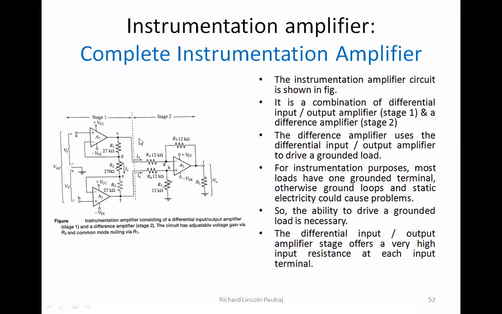You can see this dotted line which differentiates the difference and the differential amplifier. Both are connected, so the output of the first stage is going as input to the second stage. Consequently, you can see currents I4 and I6 getting generated.